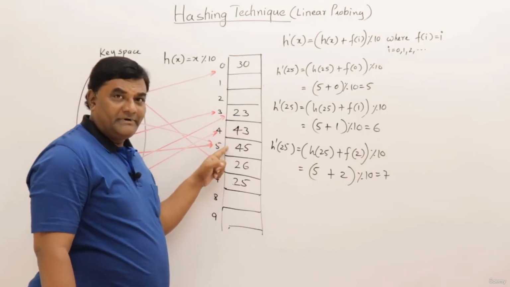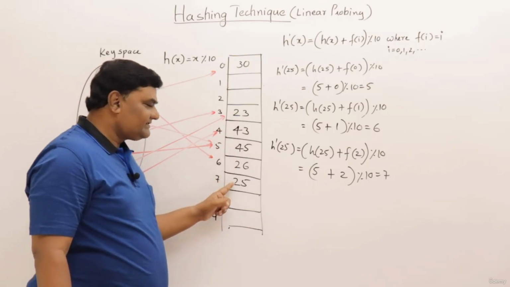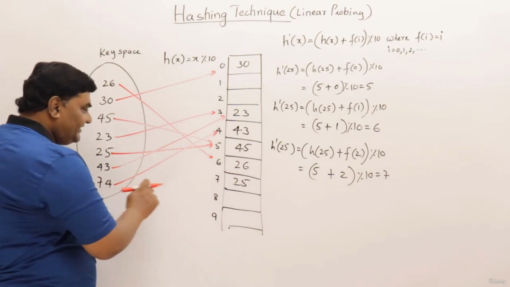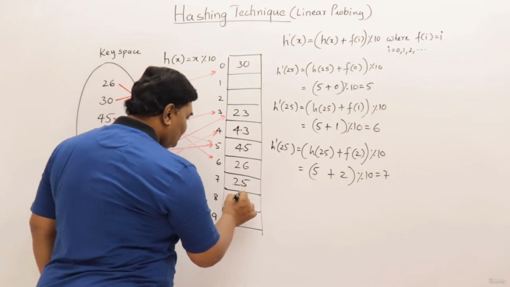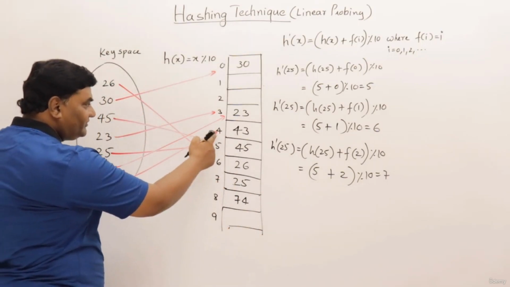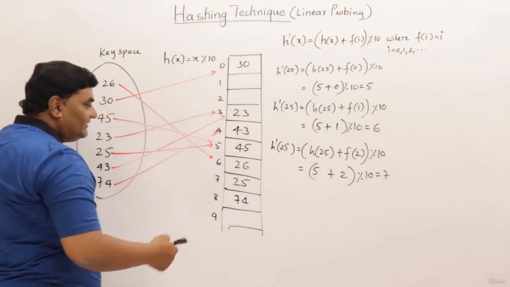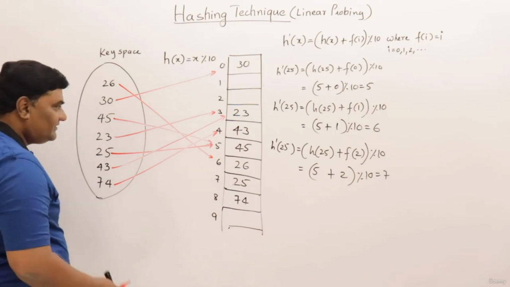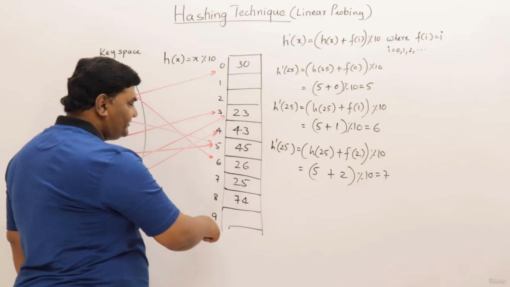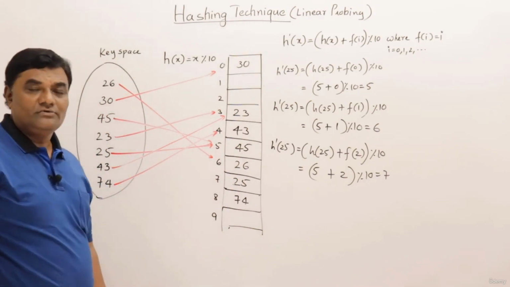The next occupied, next occupied, next occupied, next, yes, this is free. So 74 will come here. See, a very long distance. It was mapped at 4, but it's stored at 8. So many collisions: for storing 74, 1, 2, 3, 4 collisions. So after 4 collisions, it got stored.